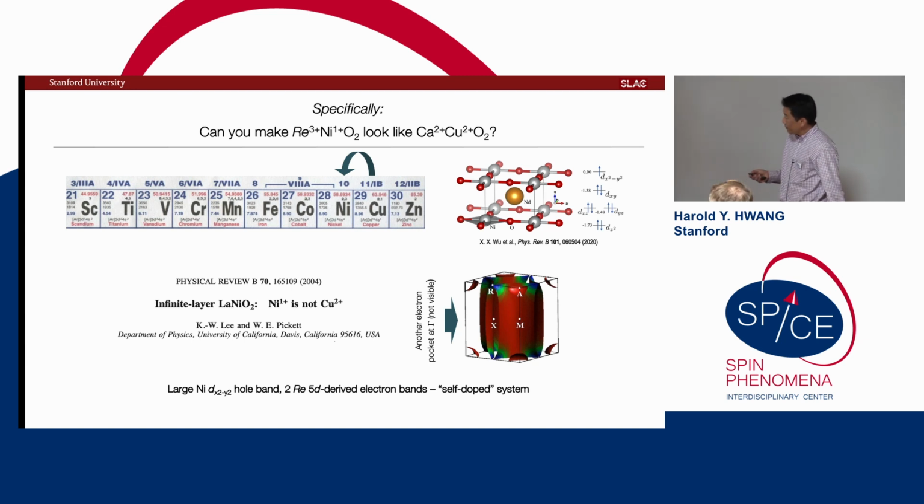The first point is you have this large dx²-y² type band, much like you have in the cuprates. But as you can see by his title, the point was that you have an additional feature, which is hybridization between, let's say, the rare earth 5d states and the nickel 3d states. And so you have additional electron pockets, and this is kind of a self-doped system. And so this is one of the things that is an interesting twist on this problem.